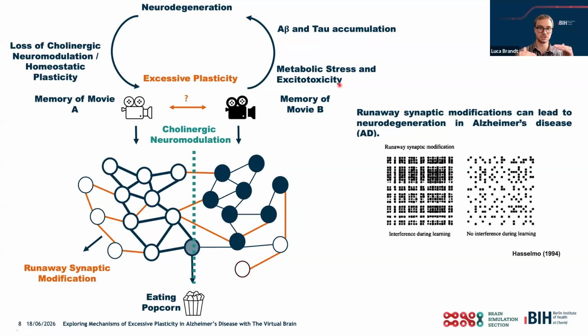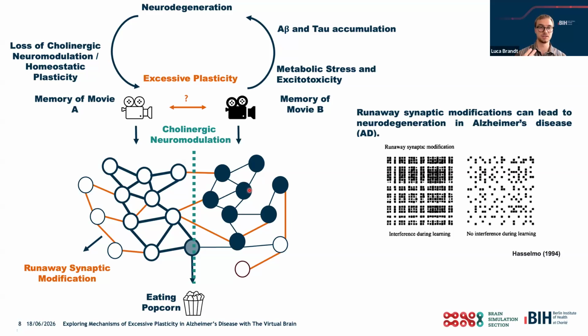And this causes a shift in the feedback and balancing system. So there's an overexcitation, even leading to excitotoxicity, and also the metabolic stress due to this disrupted balance. And Hasselmo also links it to the pathology of Alzheimer's, so amyloid beta and tau, and that they appear as a result of this breakdown of the feedback mechanism.